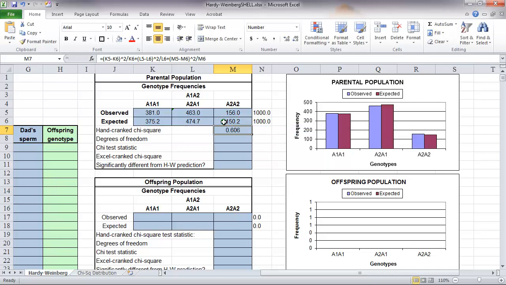And that generates a test statistic. This is called the Pearson chi-square test statistic.